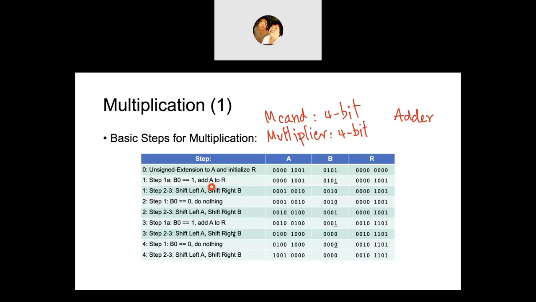We have to add the multiplicand to the product register, right? And what is the size of the adder? It's the same as the result, which is 2 times the original data. In this case, the original data has 4 bits, so the adder must be an 8-bit adder.